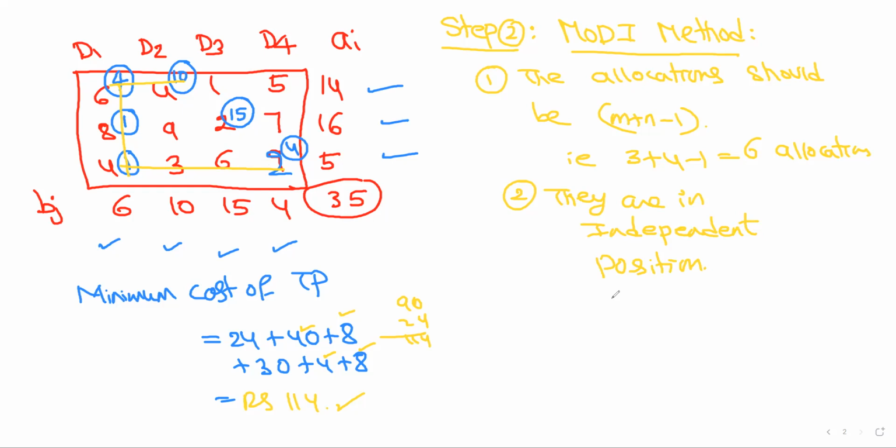All right. And now we have to solve the Modi method. For this, I am copying the table once again, then I'll explain how to do it. Come on, copy the table. Origins we have, destinations we have: D1, D2, D3, D4, 4 destinations.